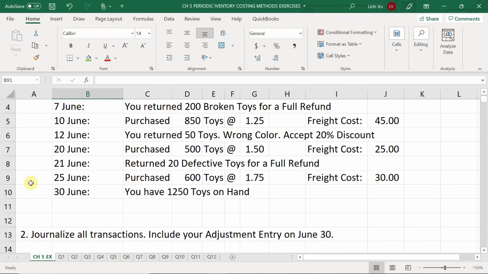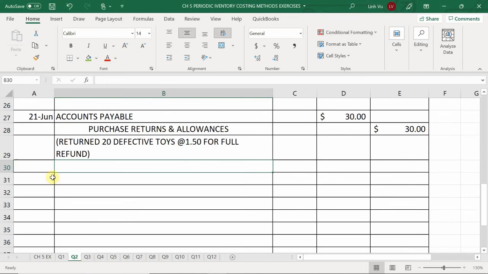So then June 25th rolls around and you end up purchasing an additional 600 toys at $1.75 with a freight of $30. So let's journalize that real quick. So I purchased 600 toys at $1.75 with a freight of $30.